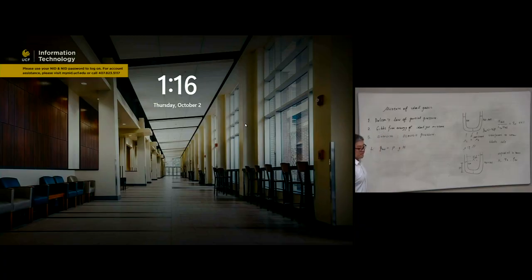Correct, everybody? On the right-hand side, the bottom is the water pressure, which equals ρg times (h plus Δh). I think you know this expression, right? Correct, everybody?